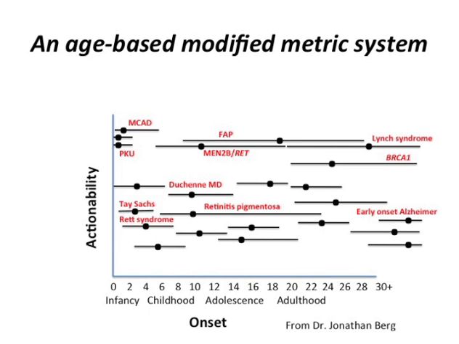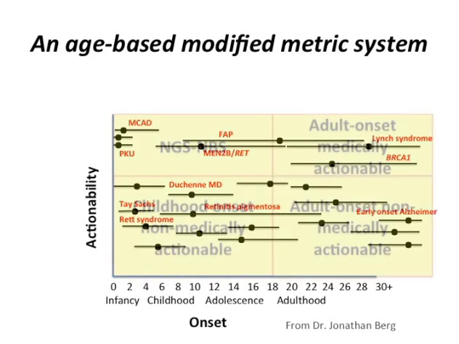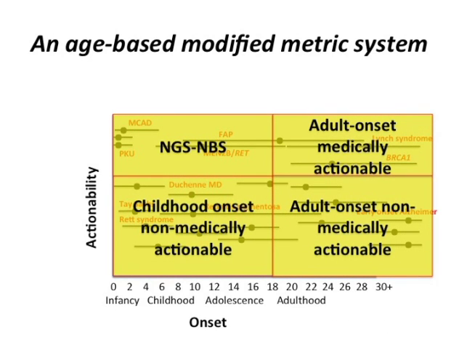And then there are those that would have early onset in childhood, but for which there are no known effective treatments right now, and so these would be childhood onset non-medically actionable. And then the conditions of adulthood, such as Alzheimer's, for which there's no known treatment at this point, would be the adult onset non-medically actionable.